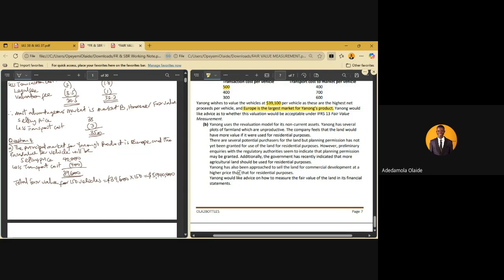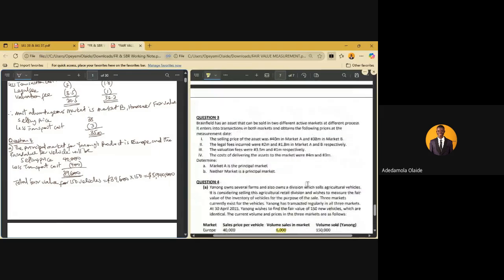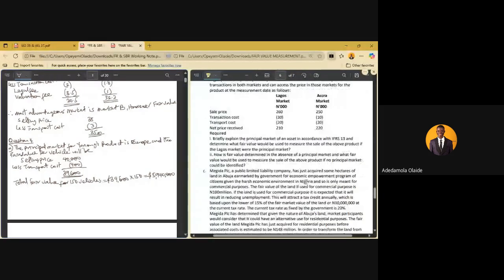They are almost about to get the planning permission. And also it is physically possible to use that land for residential purpose. So the fair value of the land should be based on the residential purpose.